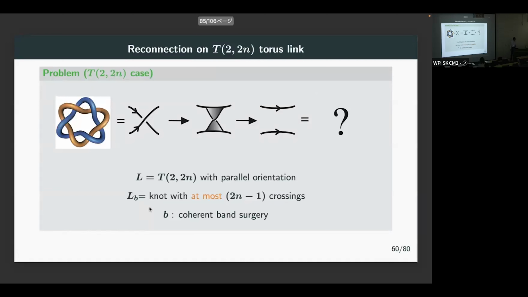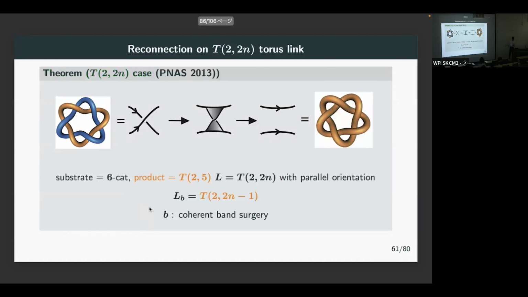And actually, we can prove this in general. Suppose you have a 2,2n torus link. That means you have 2n crossings. Then, as a result, we can show that the crossing number goes down by 1.